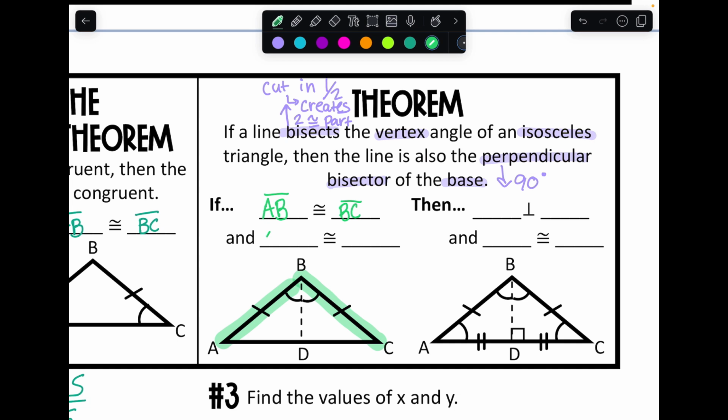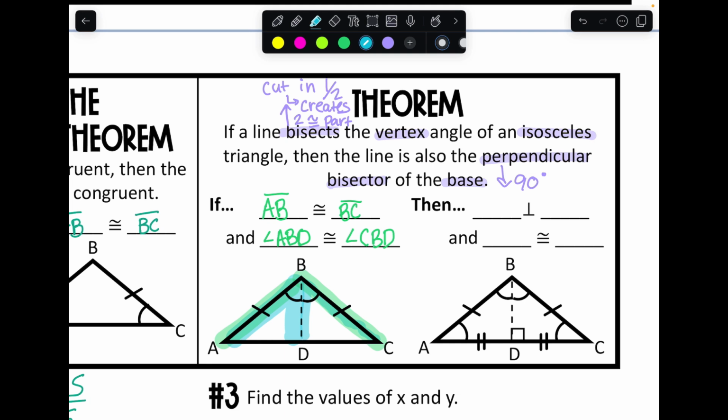So, and I know that angle ABD, which just for reference is talking about this angle right here, ABD, has to be congruent to angle CBD, and just for reference is talking about this angle on this side.